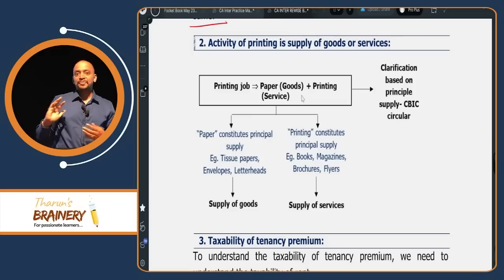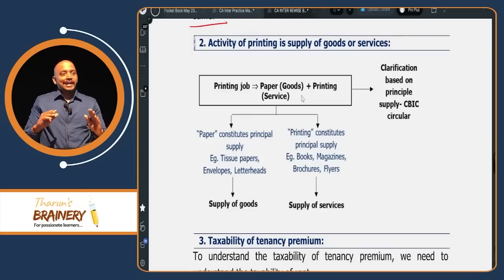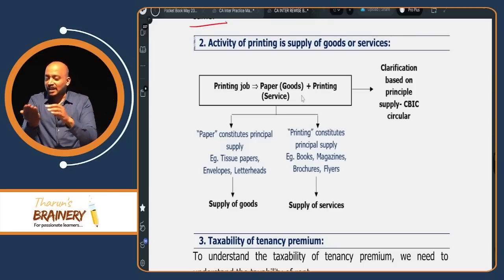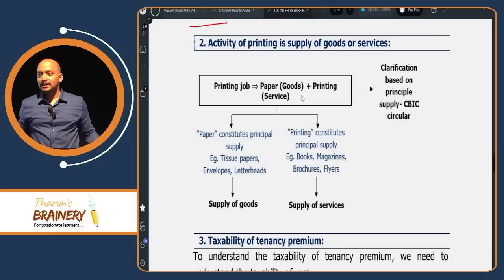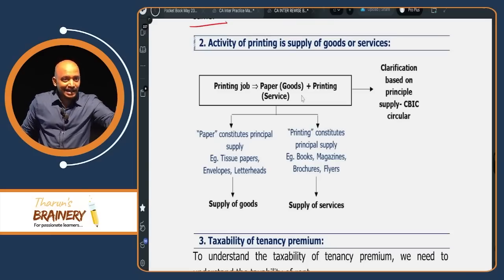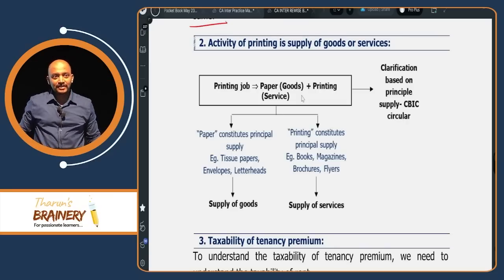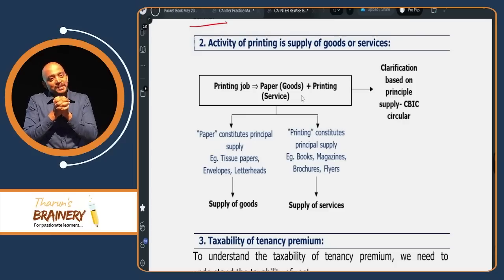Then you go to one photo studio and they take one passport size photograph of yours and they will give 4 or 8 photos, and you pay for that. What is the goods element? Paper and ink there also. And what is the service element? Taking the photo and printing it. Now what constitutes principal supply there?